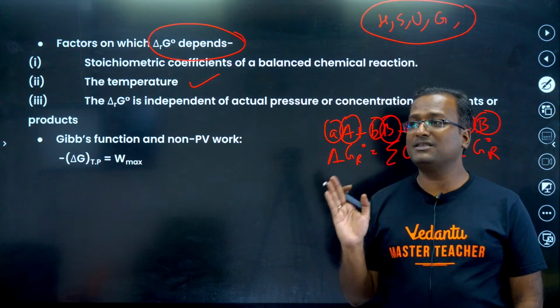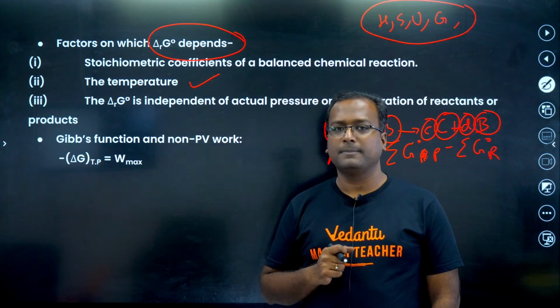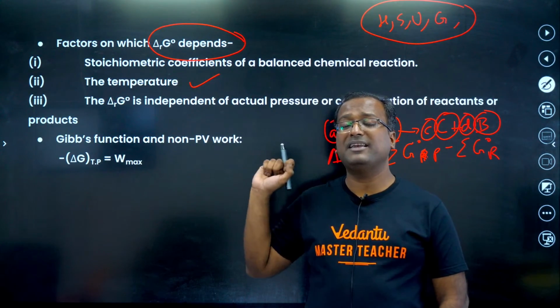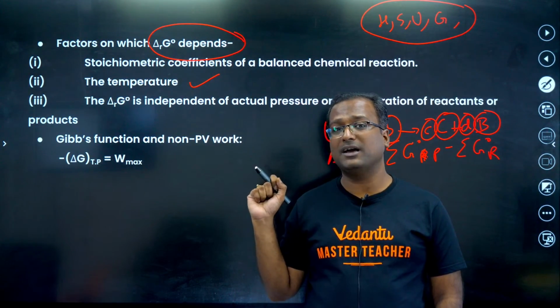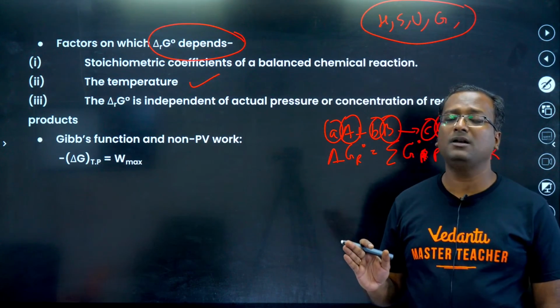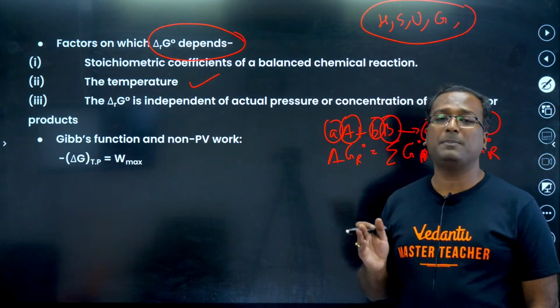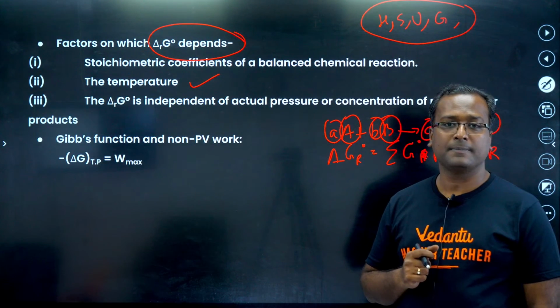Right? So del R G naught does not change at all. Is this point very, very, very clear? Very crucial point, guys. Del R G naught does not depend on pressure, does not depend on concentrations. Only and only dependence will be on temperature.